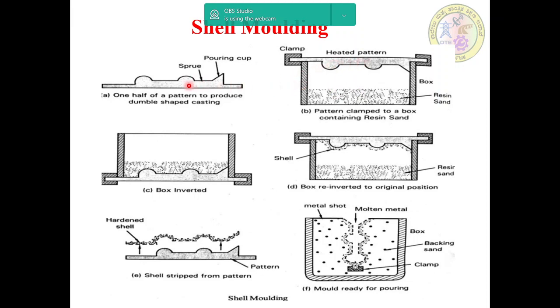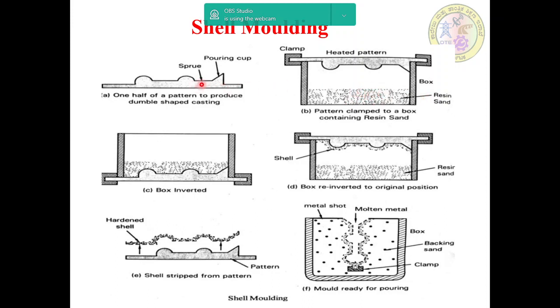Again this metal pattern is heated. The sand mix is prepared dry in a mixer and then taken in the box. This is the box. First you have to prepare the sand mix, and then you have to store it here.